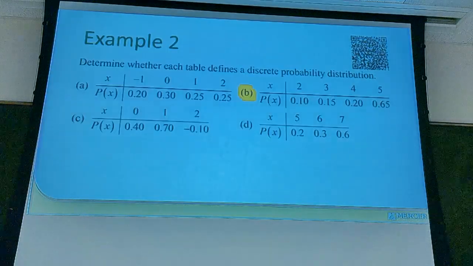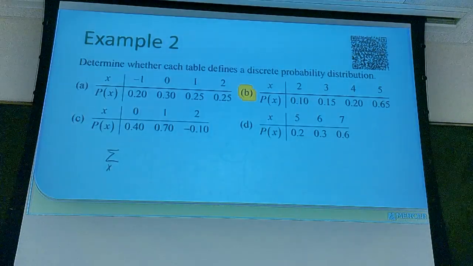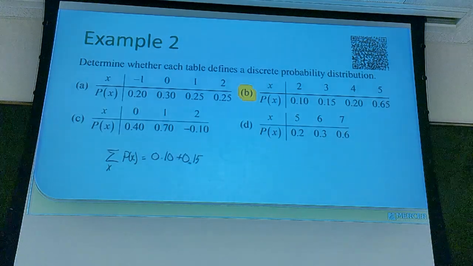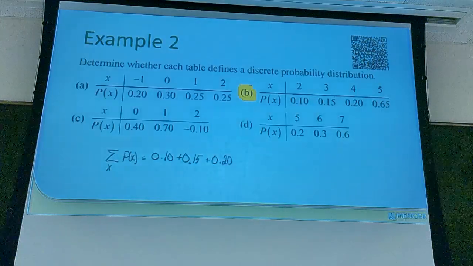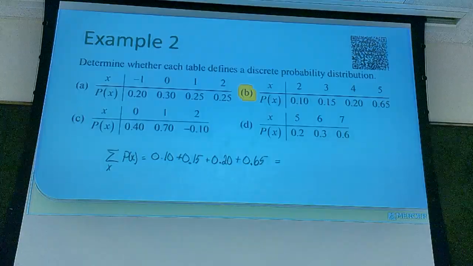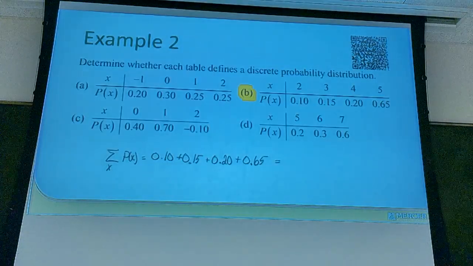Second one, again, easiest one to check: are all the probabilities between 0 and 1? They are. Now just check their sum. What does that sum up to?